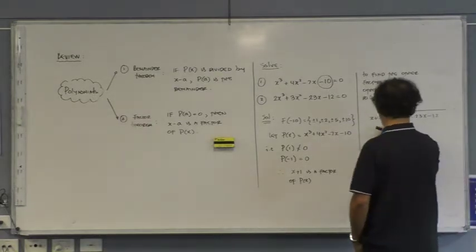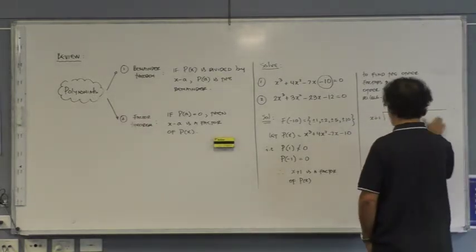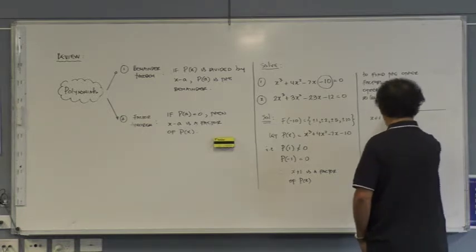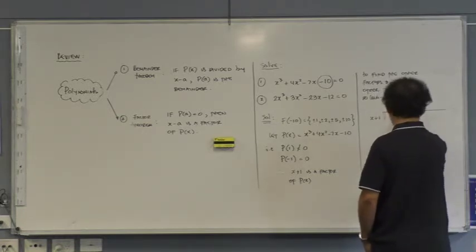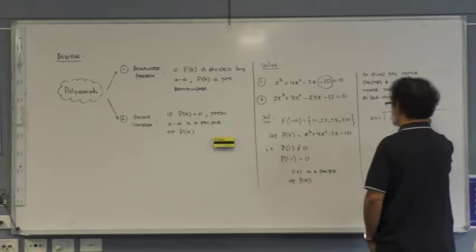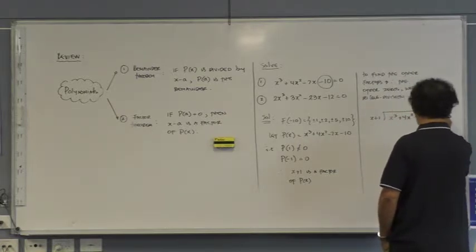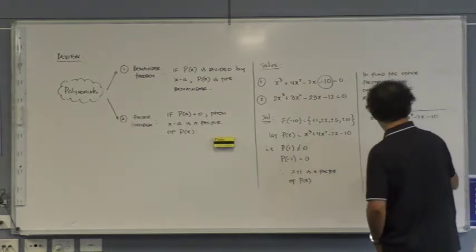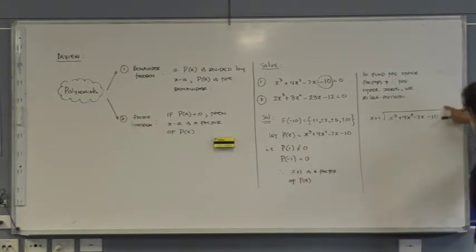Yeah, I did put the wrong polynomial. So it's x cubed plus 4x squared minus 7x minus 10. Yeah, much better. Okay, so I want you to do the long division and then tell me what the answer is.